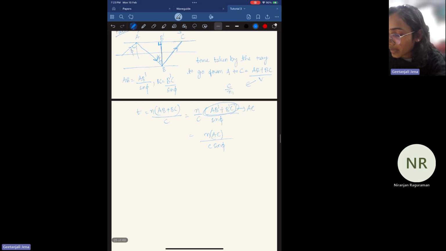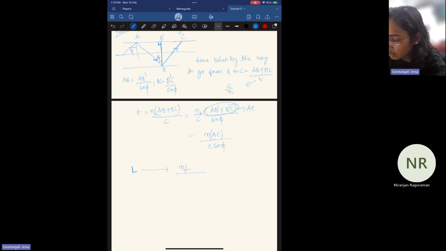So N AC by C sine phi. To travel from A to C, it takes time N AC by C sine phi. That means to travel L distance of the fiber, what will be the time? It is N L, and this is N1, right? The core refractive index.